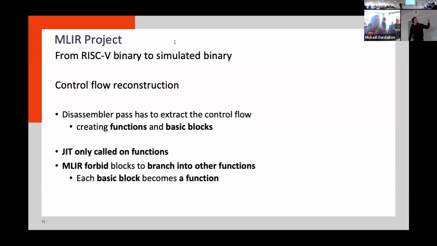So we had to recreate functions and basic blocks, but in the end, the JIT can only be called on functions, and MLIR doesn't allow us to branch from a basic block to a basic block in another function. So we made each basic block a function.